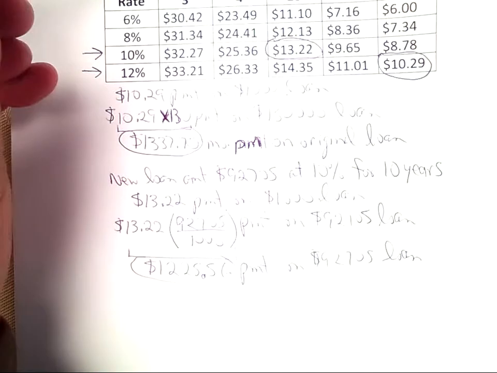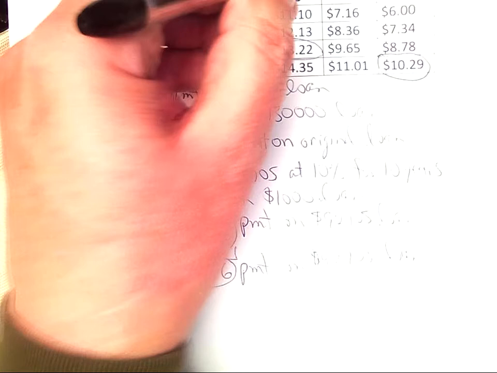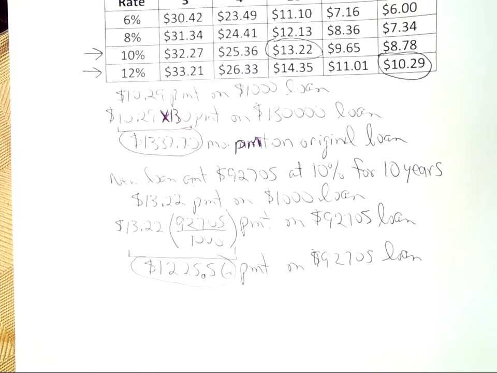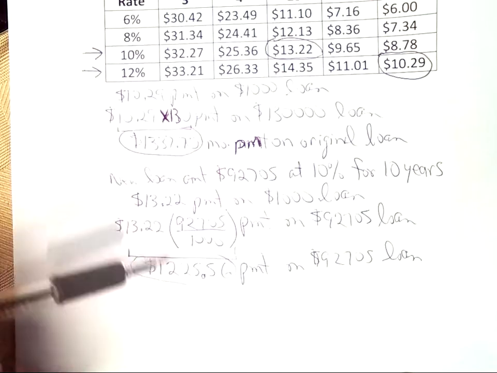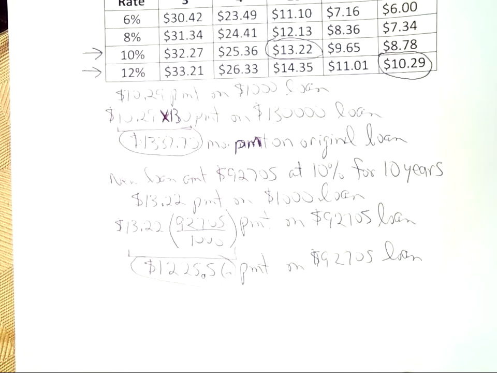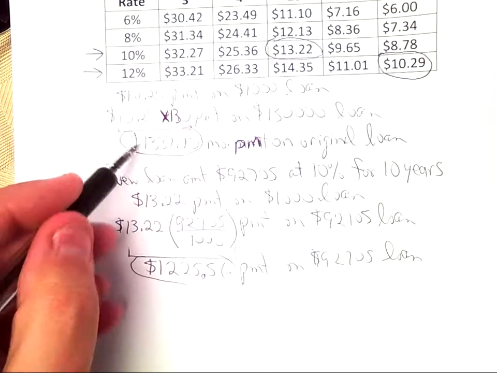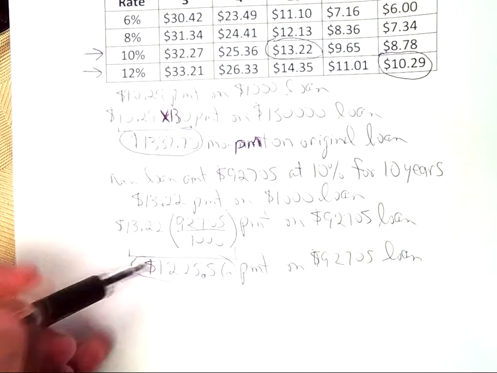The third question said, what's the total amount saved? Well, how do you figure that out? There's probably several ways of looking at it, but maybe the easiest way, since you've got these two numbers right in front of you, is just see how much you saved every month. So if you do it that way, the savings is just the difference between this number and this number.